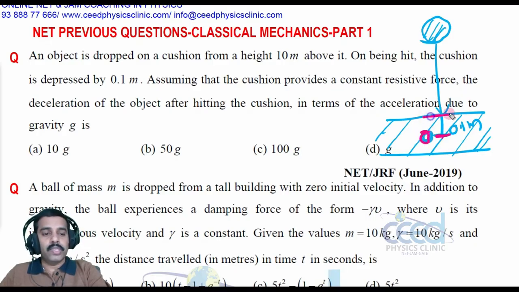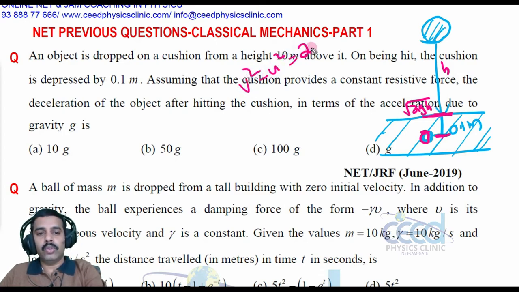And what is the velocity here? It falls a height h, so what will be the velocity just before hitting? That is root 2gh. We already know v square minus u square is equal to 2gh. The initial velocity is 0, so the final velocity v is root 2gh.